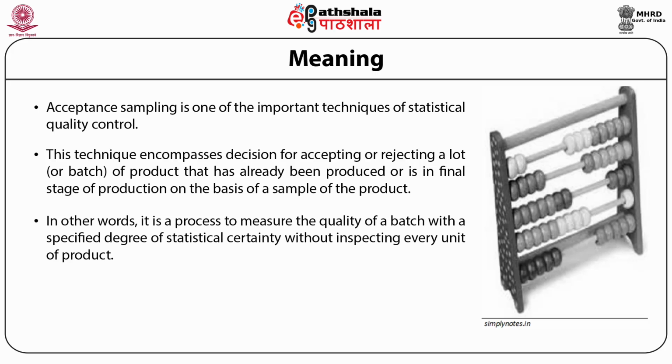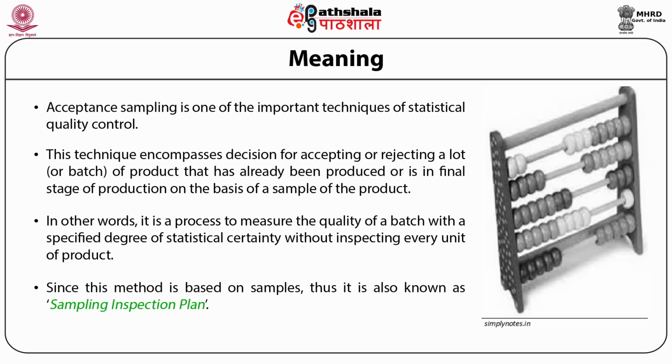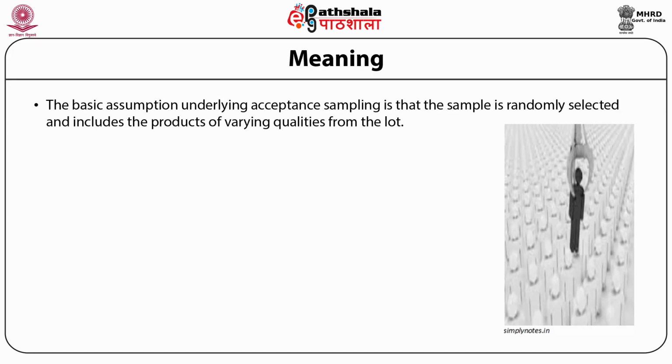In other words, it is a process to measure the quality of a batch with a specified degree of statistical certainty without inspecting every unit of product. Since this method is based on samples, it is also known as a sampling inspection plan. The basic assumption underlying acceptance sampling is that the sample is randomly selected and includes the products of varying qualities from the lot.